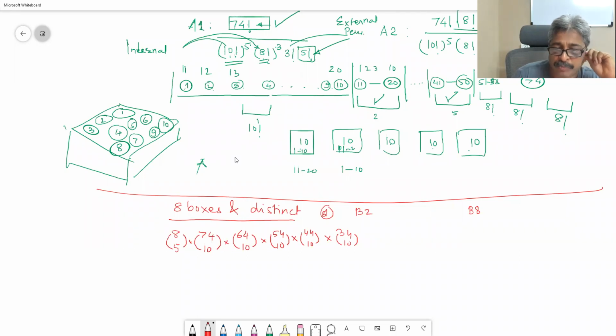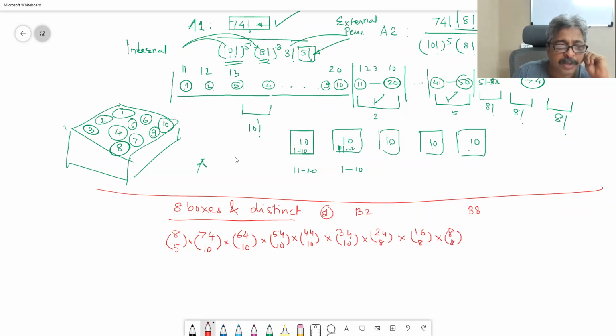So 5 boxes you have filled. Now you are left with 3 boxes and 24 objects. Into 24 choose 8, into 16 choose 8, into 8 choose 8.